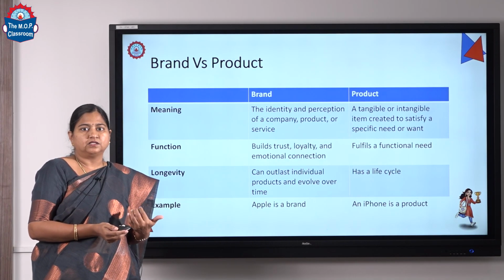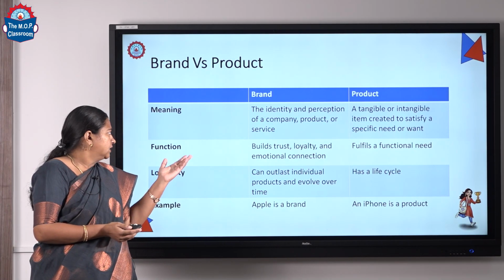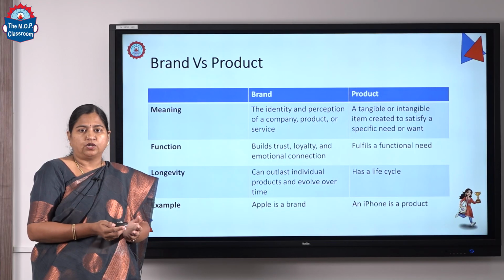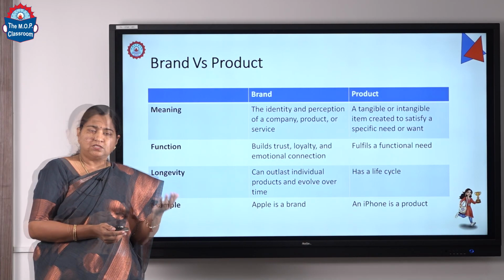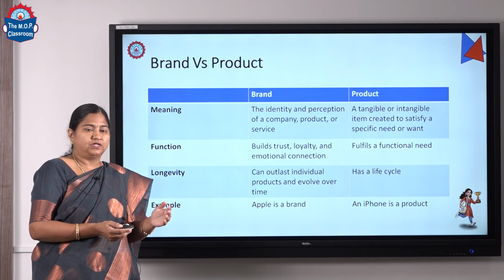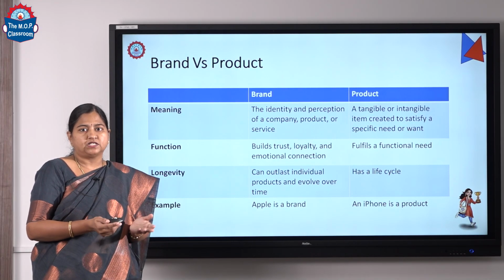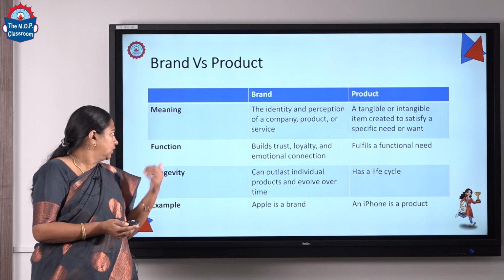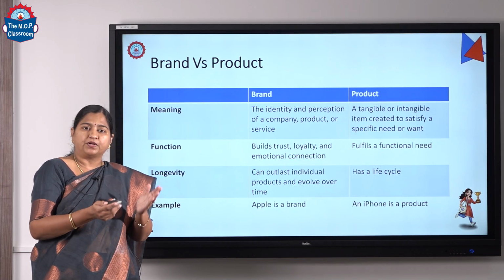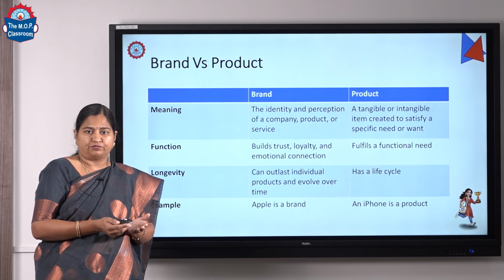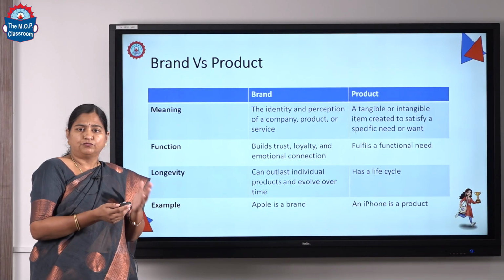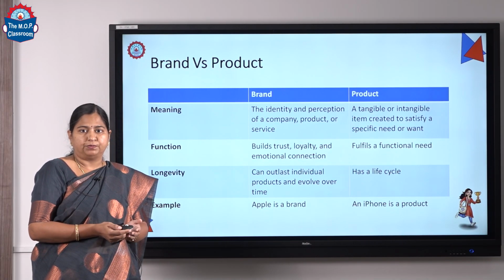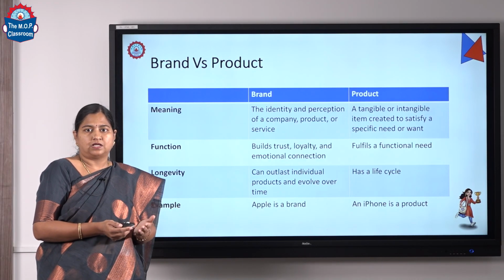Regarding functionality, a brand is based upon the trust, loyalty, and emotional connect of a particular person, whereas a product fulfills the functional need for which it has been designed. When it comes to longevity, the brand evolves over a period of time, whereas the product comes with a life cycle. For example, the brand is Apple, and the product is iPhone.